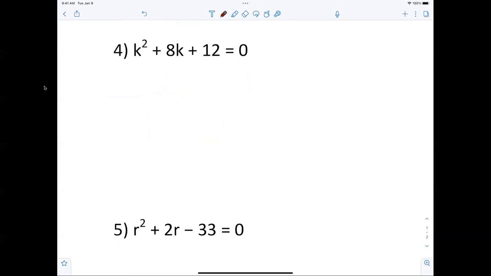All right. Move the 12. Half and square. 16. Anybody else? What is it? 16. Good. Plus 16. Plus 16.